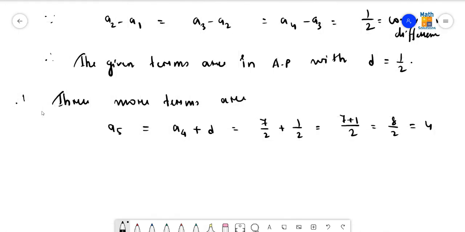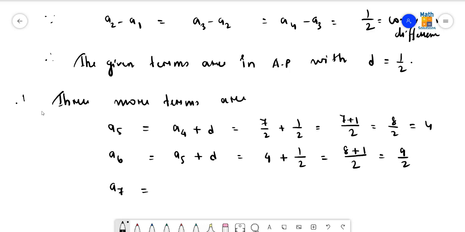Then A6 is equal to A5 plus D. What is A5? Just now I got it to be 4. LCM is 2, 8 plus 1, result is 9/2.